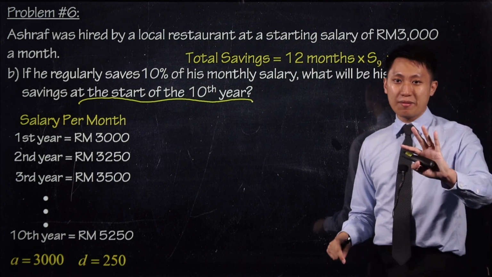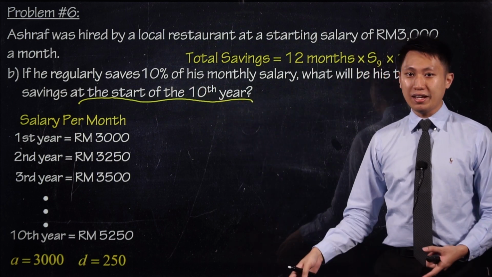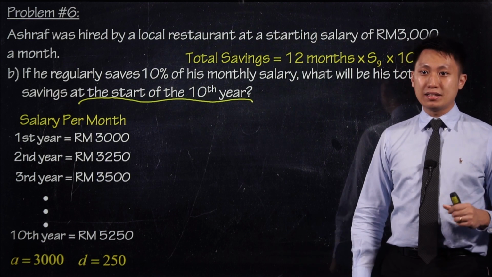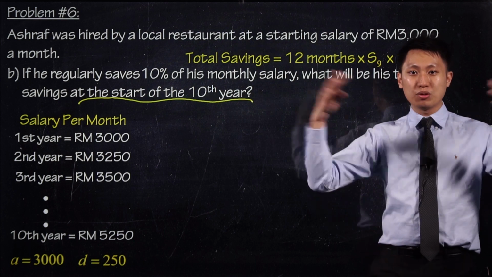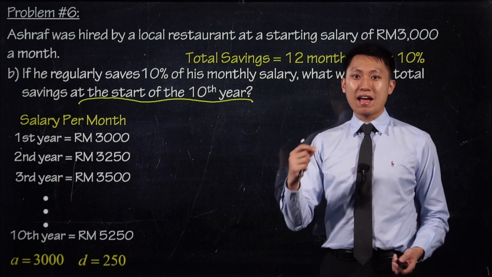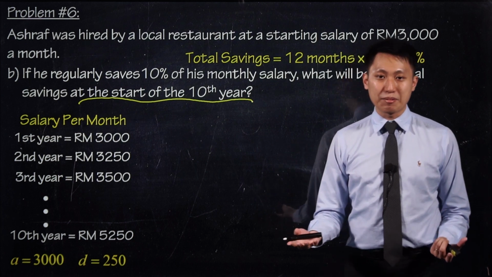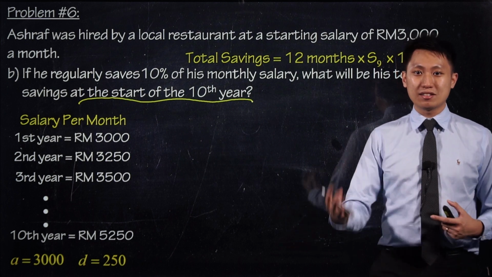Let me ask you this. I save 10% a month, every month. Then it's equivalent to saving 10% of the annual salary, correct? If I save 10% every month or 10% every year, it's the same, right? You just have to multiply by 12.